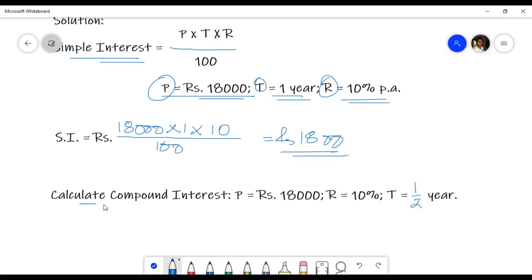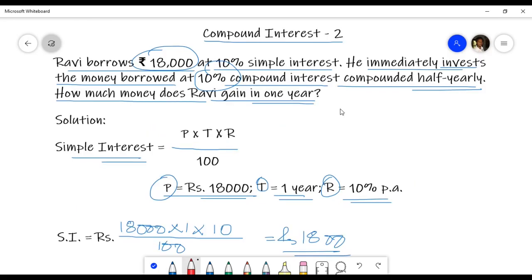Now let us calculate the compound interest. Principal as given in the question is rupees 18,000, rate is 10%, and you remember it's compounded half yearly, so we're taking time as half year, right? He immediately invests the money that he borrowed at 10% compound interest, compounded half yearly.